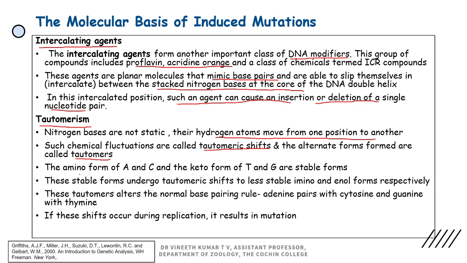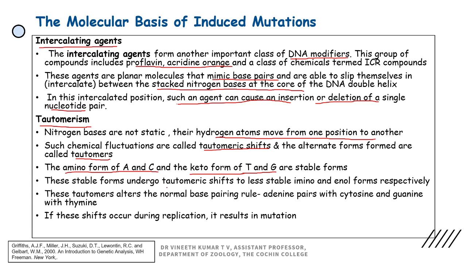The normal nitrogen bases are in the amino form, that is, adenine and cytosine are in their amino form, whereas thymine and guanine are present in their keto form. That is the normal, stable form of these nitrogen bases.